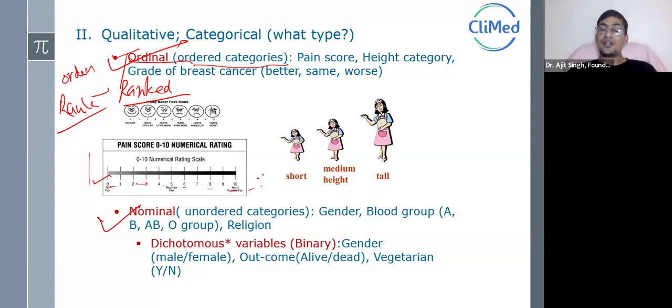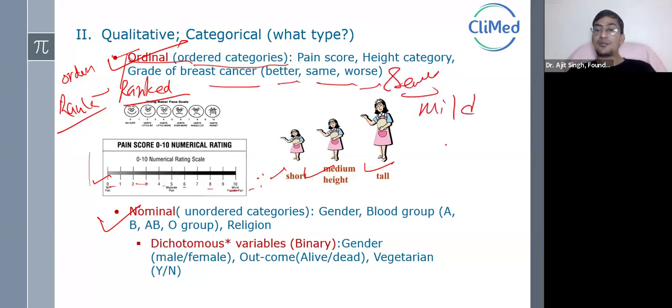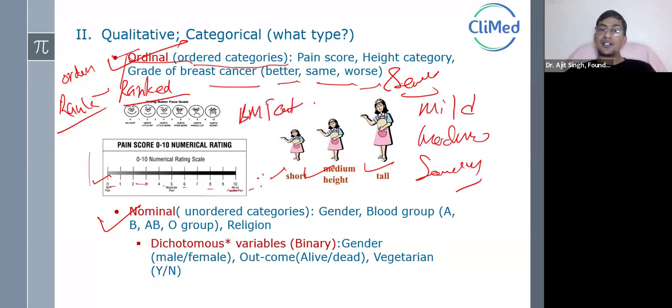If you look at height category: short, medium height, tall. Grade of breast cancers: better, same, worse. Any kind of severity is in grades: mild, moderate, severe. BMI categories are ordinal categories.